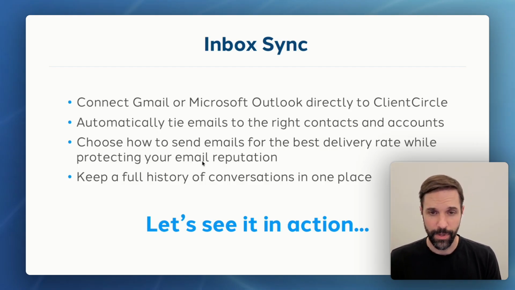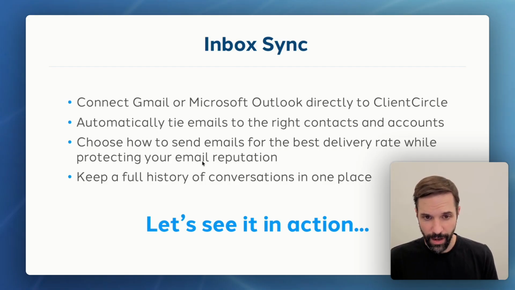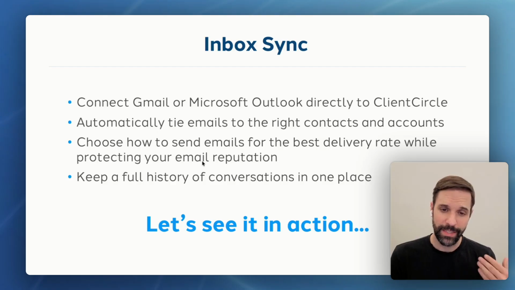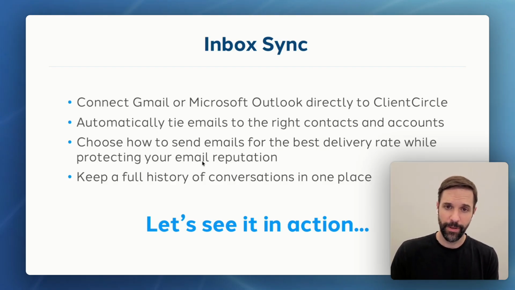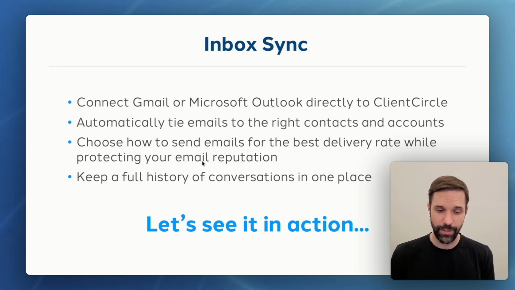And here's one of the neatest things: we'll be able to send email from your Gmail or Microsoft Outlook from within ClientCircle. That's really nice because it's a combination of a system like ours that sends a lot of mass marketing emails. We can send thousands and thousands of emails very quickly, and we're not going to hit any limits.